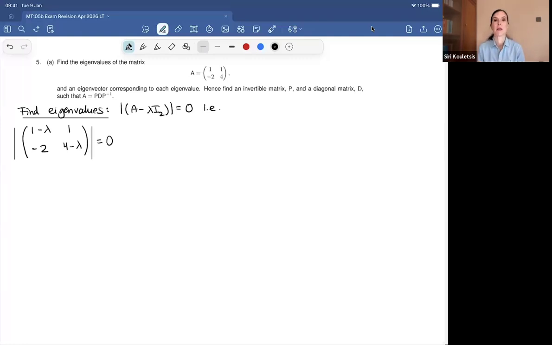And so A minus lambda times the 2 by 2 identity matrix, well, that we can write as follows. We just deduct lambda on the diagonal of A.